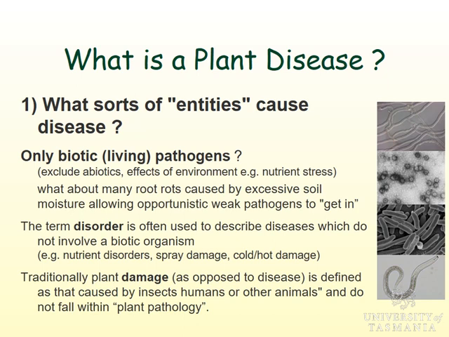So traditionally, at least within plant pathology, all these guys here, and nematodes would be considered some of our major causal agents that we study. We'd exclude what people do, we'd exclude what animals do, the environment, and algae probably not directly. There are some that can release toxins, and those toxins can affect plant performance, but not as an infective agent.